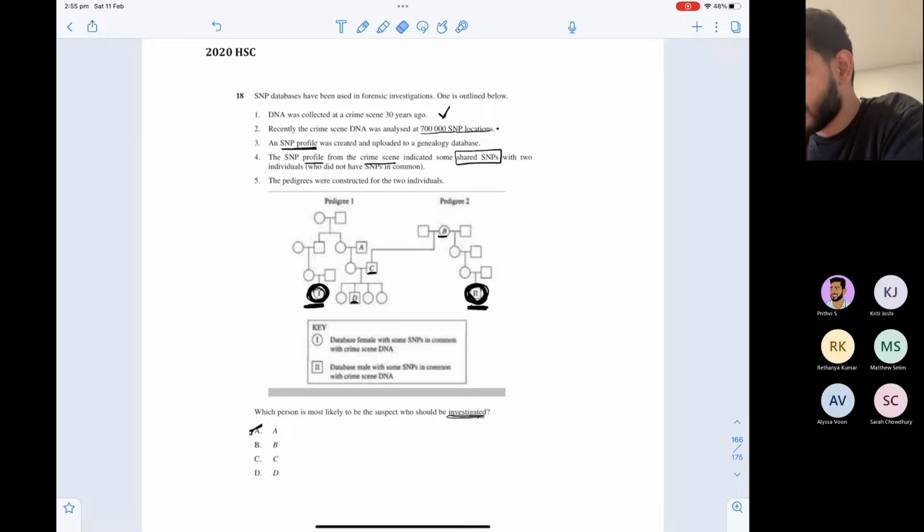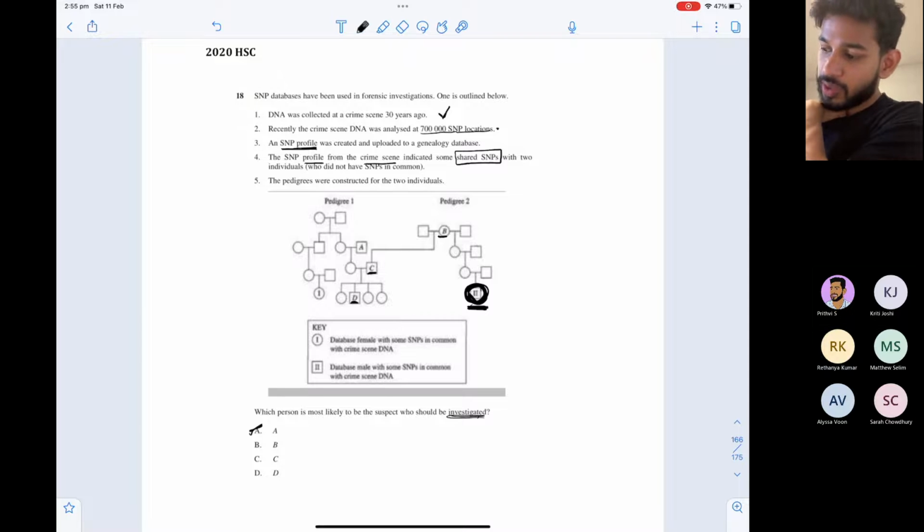On to B. Is individual B related to person 1? No, right? So individual B had a child, which is person C, who married into the family, right?